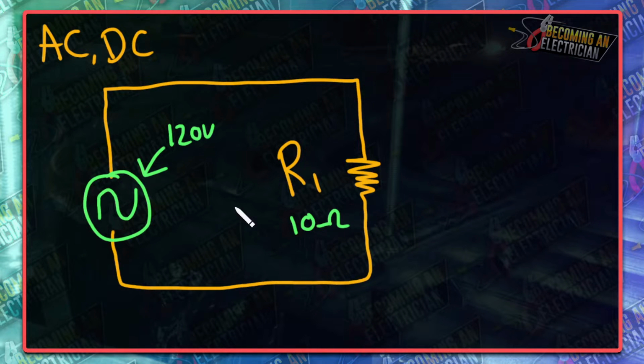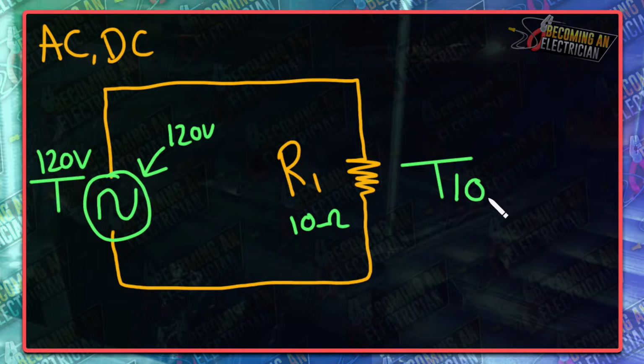And they're going to say solve all the values or something like that. So what you're going to do is put a T here, because this is across resistor 1, and this is the mains, right, on your actual power source. So you know that you have 120 volts right here. You also know you have 10 ohms, so there's 10 ohms, okay?